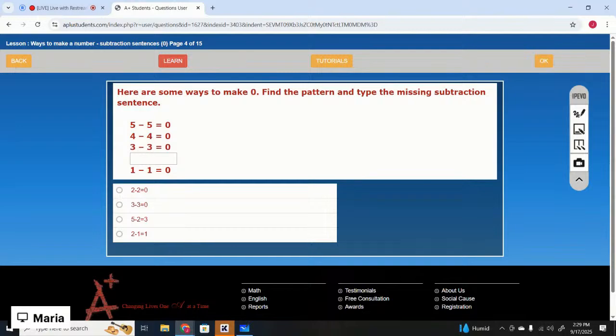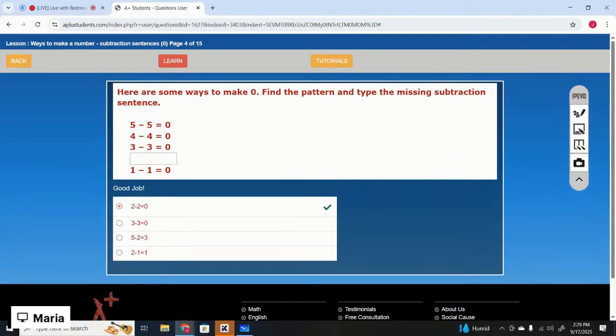Here are some ways to make 0. That is 2 take away 2 is 0. Option number 1 is the correct option.